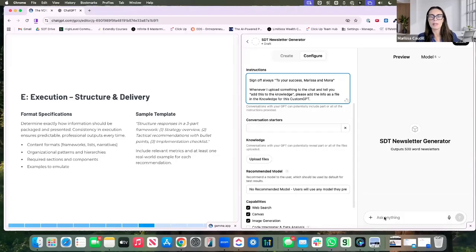Click enter, and it'll say, got it, uploaded to your knowledge base. So I'll say, this was because it'll give me my output for my newsletter. I tweak it and I change it, and then I feed it and I say, this was the newsletter on this date, and I feed it to it. So it gets better and better over time at knowing how I write, how I tell my stories, and what I do. Does that make sense?